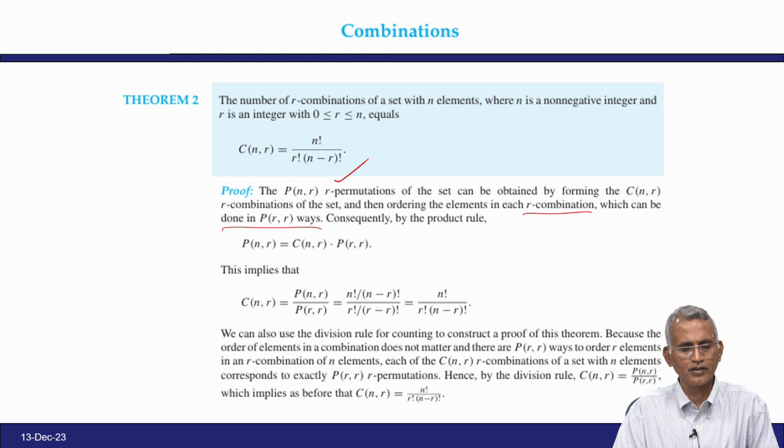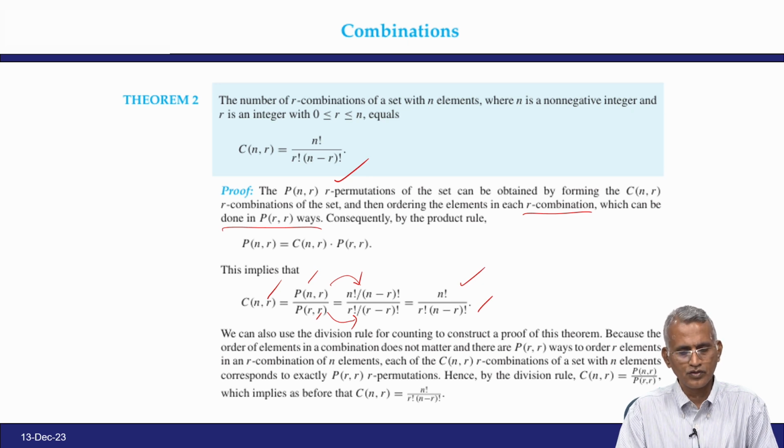Consequently, by the product rule, nPr is equal to nCr into rPr. So this implies nCr equal to nPr by rPr, which is equal to n factorial by n minus r factorial, and then r factorial by r minus r factorial, which is equal to n factorial by what? r factorial into n minus r factorial.